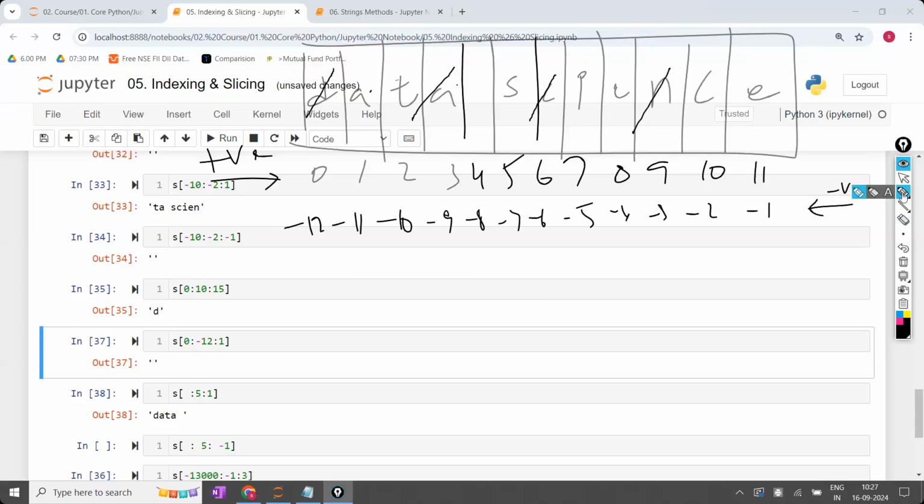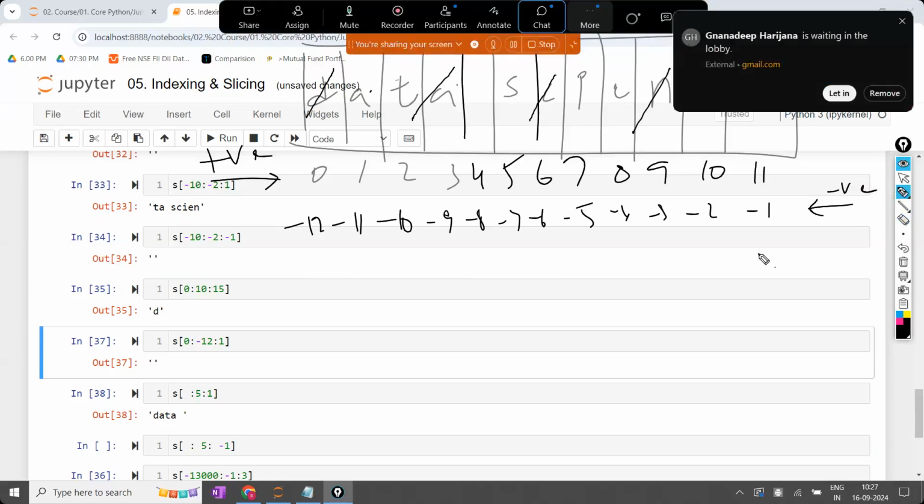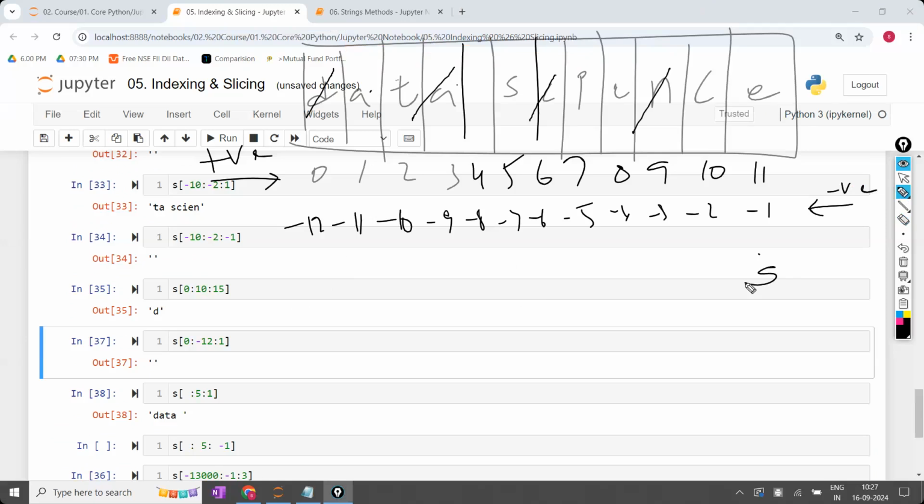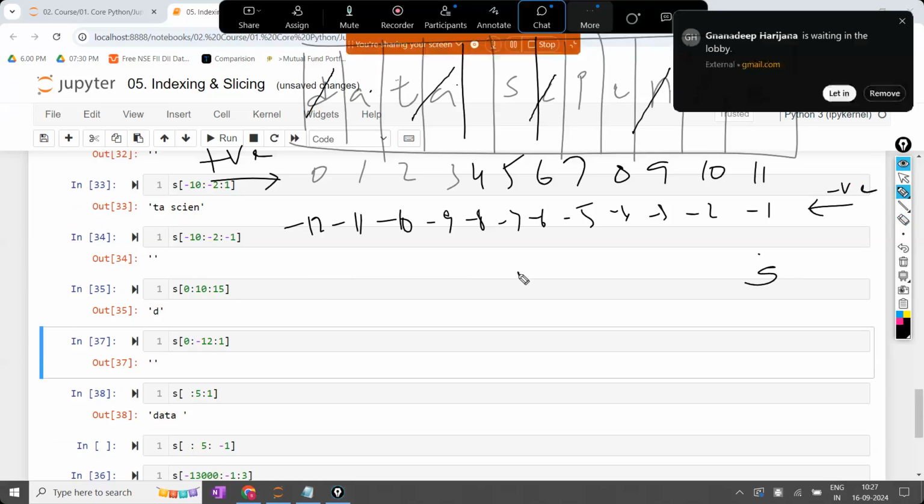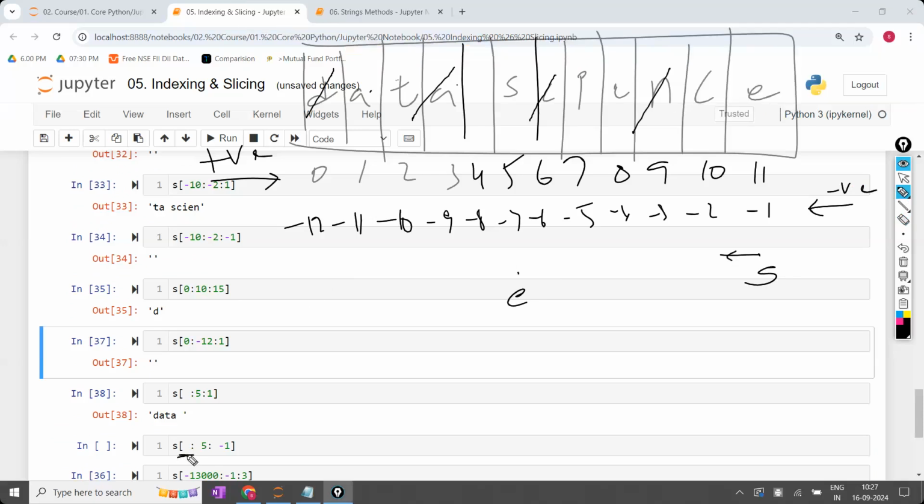In the negative direction, what is the starting point? That is going to be the starting point. Where 5 is there, this is 5. What is the direction? Negative. Now here empty is considered as what? Minus 1. For whenever you are having the negative step, the starting point is minus 1. When you are having the positive step, the starting point is 0.